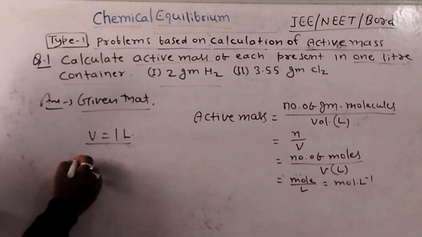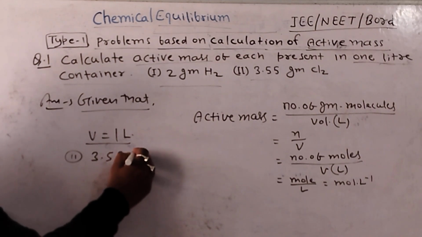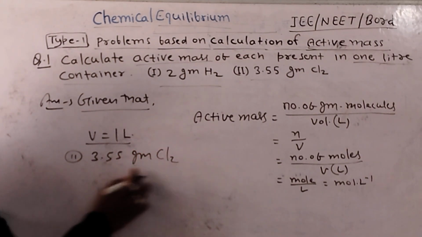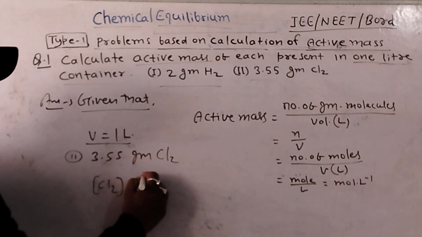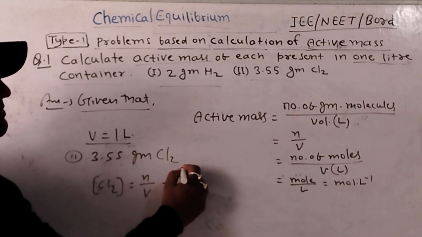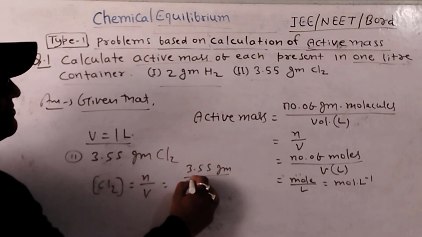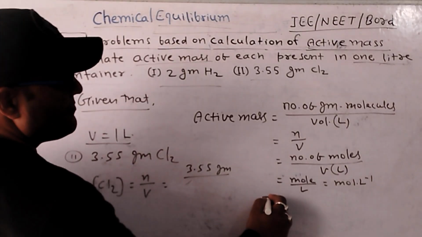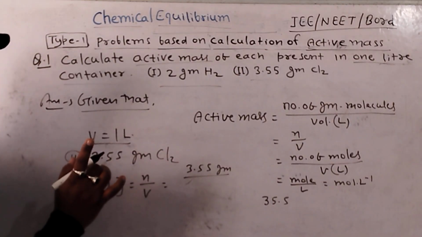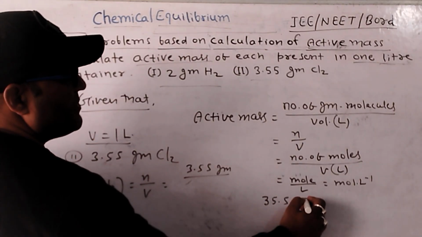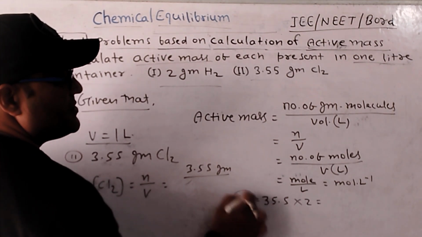Once again, for the calculation of active mass of 3.55 gram Cl2, from the formula N by V, the given mass is 3.55 gram, and the molar mass of Cl2 we can calculate: 35.5 is the molar mass of one atom of chlorine, multiplied by 2 for Cl2. In this way we find the molar mass of the Cl2 molecule.